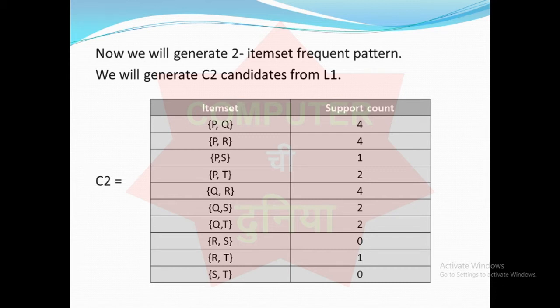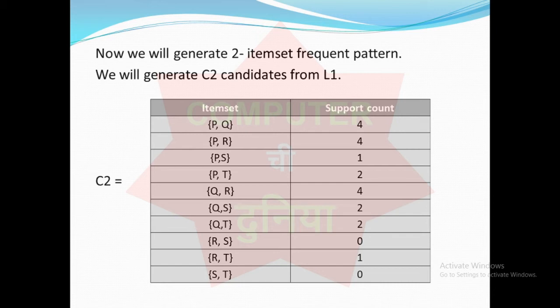We will join L1 with L1 and make pairs of each element. You can see the item sets present in C2 are P with Q, P with R, P with S, P with T, Q with R, Q with S, Q with T, R with S, R with T, and S with T.